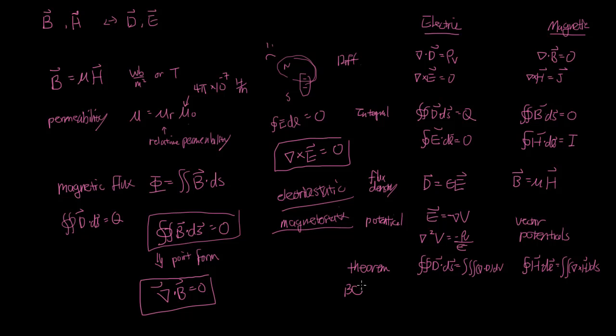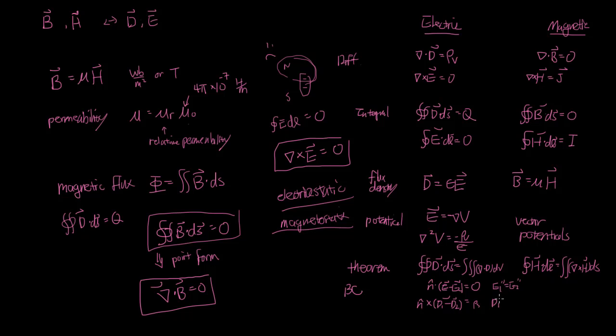Another thing that we haven't covered yet, but let's just throw this out there so you have a framework for the concept when you learn it, is the boundary conditions. Right? So in the case of electric fields, the tangential field component is going to be continuous. So that means E1 parallel is going to be equal to E2 parallel. And then the normal component, D1 minus D2, is going to be equal to the surface charge density.